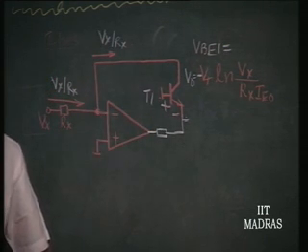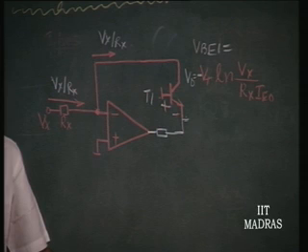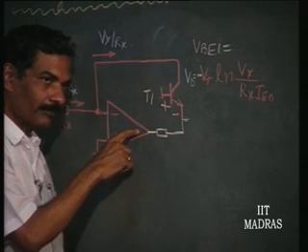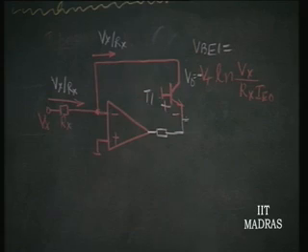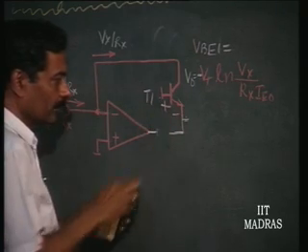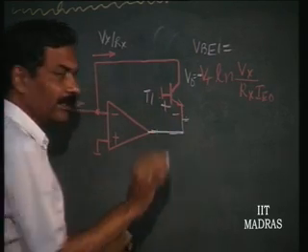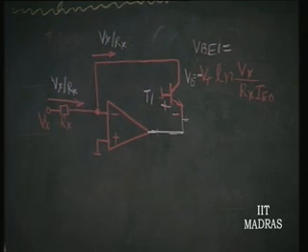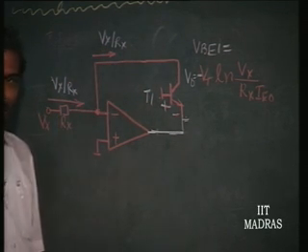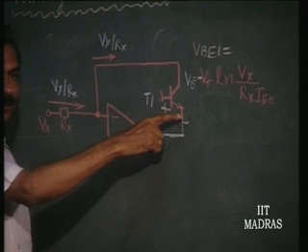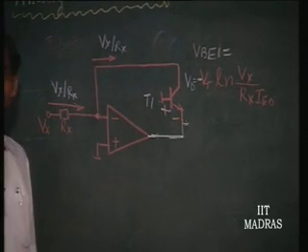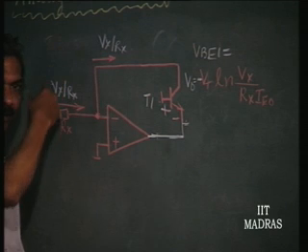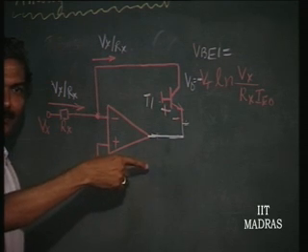Why should there be a resistance put? I say it is safer to put a resistance. If you do not put a resistance, nothing is going to happen, because current is going to be limited to Vx by Rx. Voltage will adjust such that this current is made to flow. You can look at this structure itself as a negative feedback amplifier now.